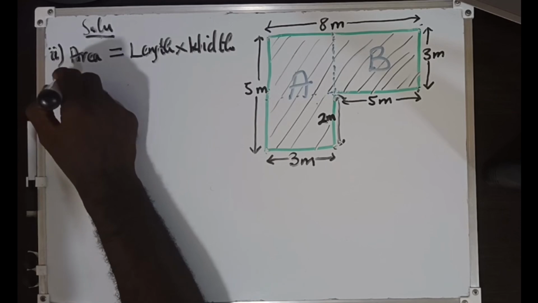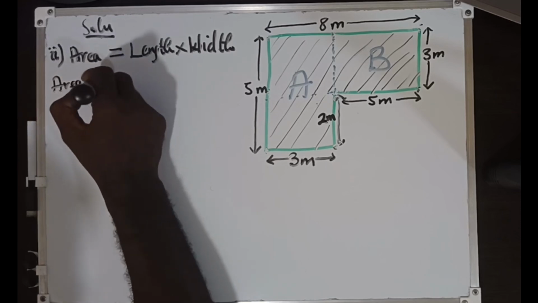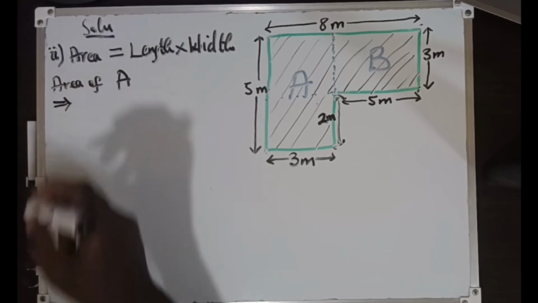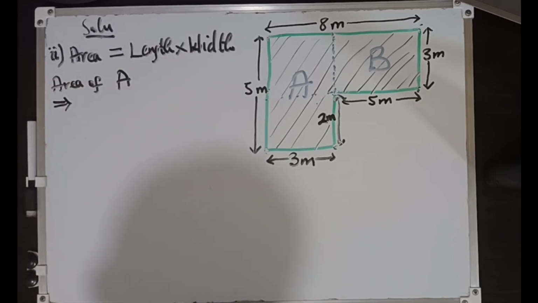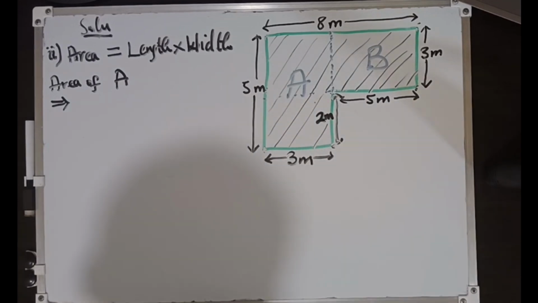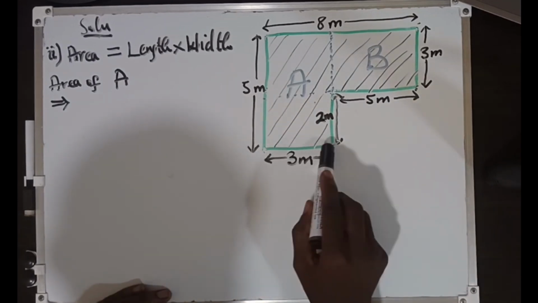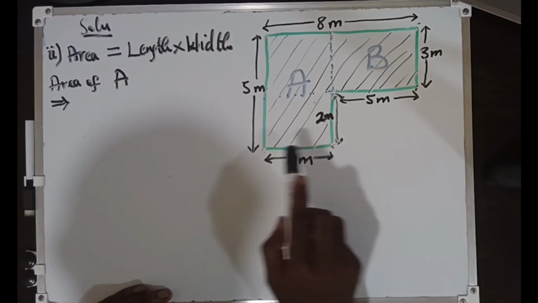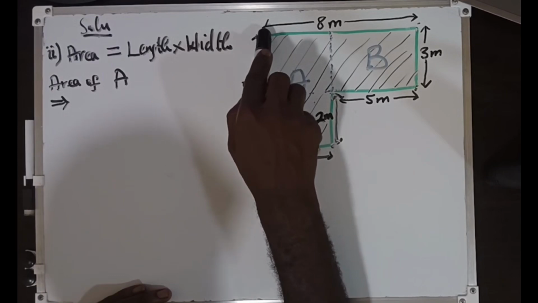So area of region A. So what will be the dimension for the length of region A? So this is region A. This is the region that we are talking about. So this can be our length. That is the 3 meters down here, and then the 5 meters will be our width.